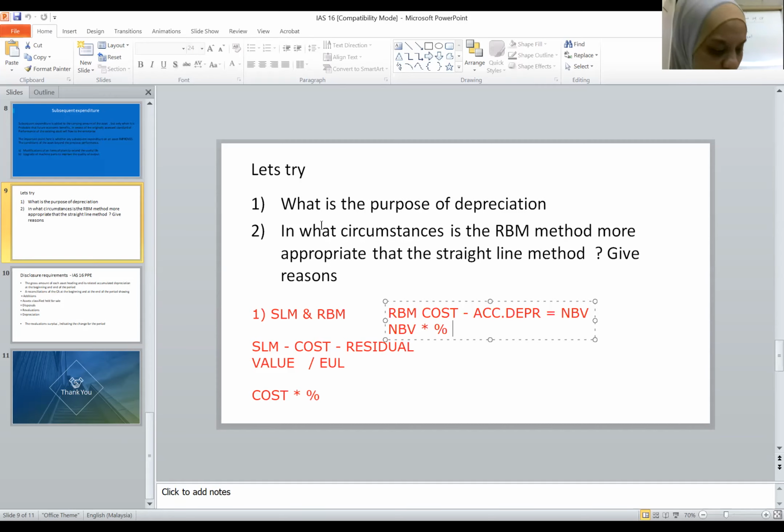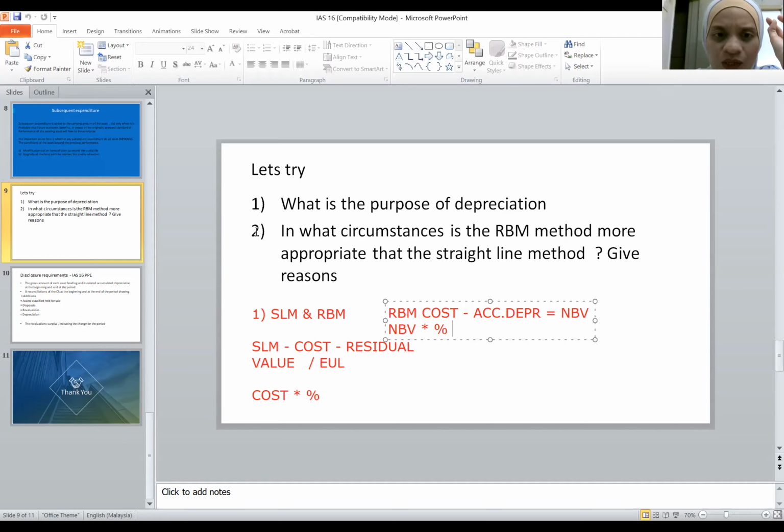Sudah. Okay. Dekat page 147. And this charging depreciation is an application of the accruals concept. Kalau you masih lagi ingat, the first chapter, accounting concept.